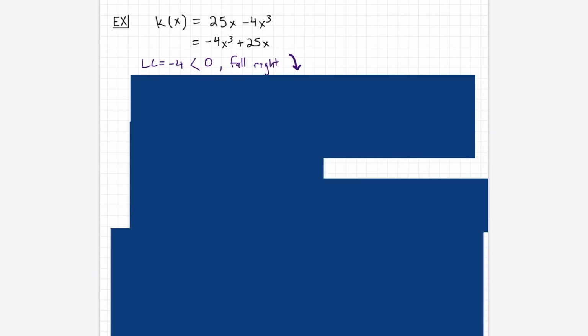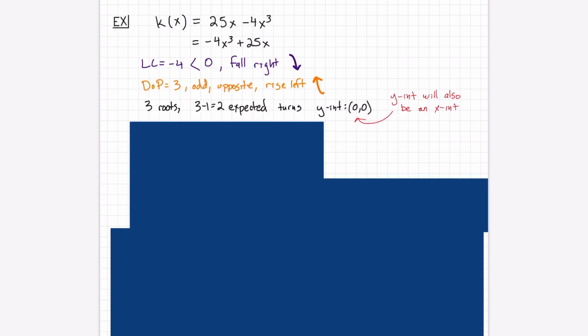My degree of the polynomial is 3, so on the left I'm going to be in the opposite direction, so it's going to rise left. I have 3 roots, so that means I expect 3 x-intercepts, and then I expect 2 turns, and my y-intercept is (0, 0). My y-intercept is (0, 0) because there's an implied plus 0 right here. And since my y-intercept is (0, 0), that's also one of our x-intercepts.